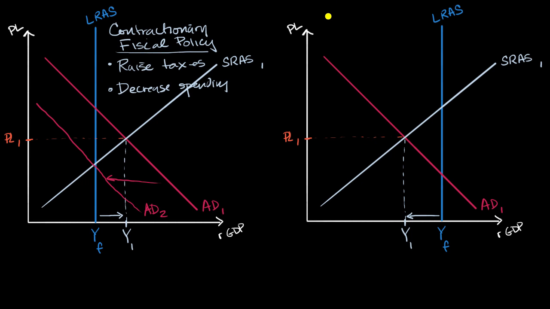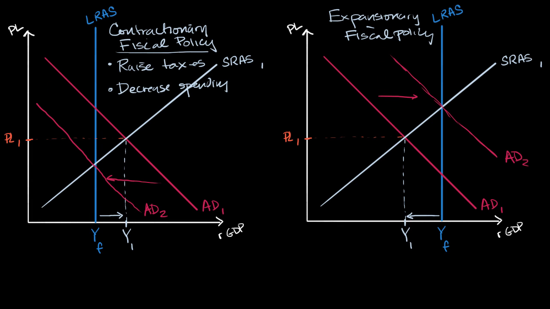Well, they might want to do expansionary fiscal policy. They would want to shift this aggregate demand curve to the right so that it looks something more like this, so we get back to our full employment level of output. That would be aggregate demand 2.